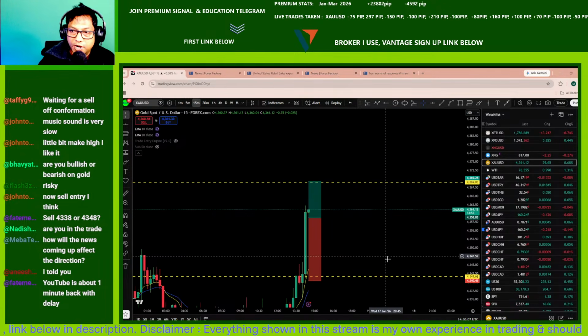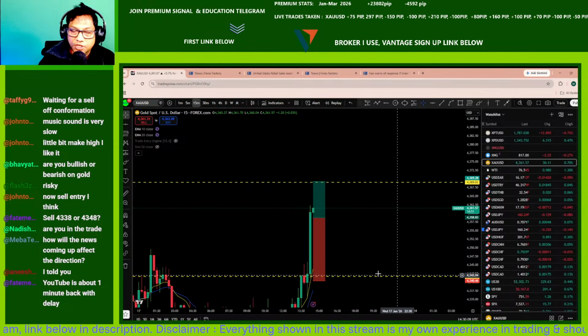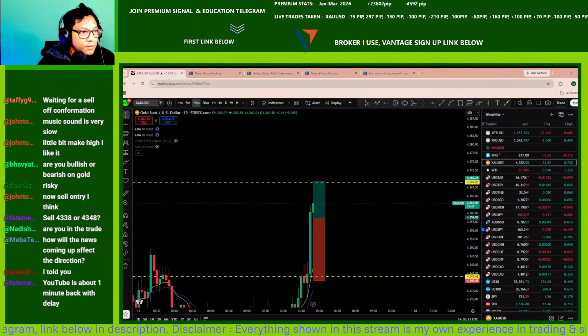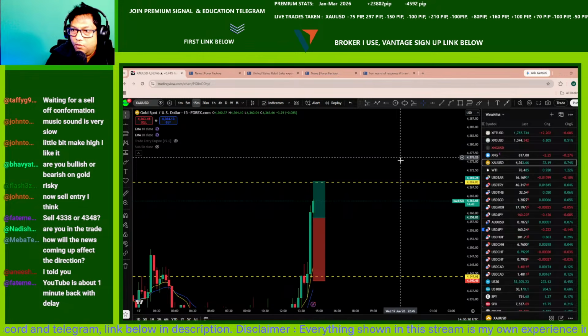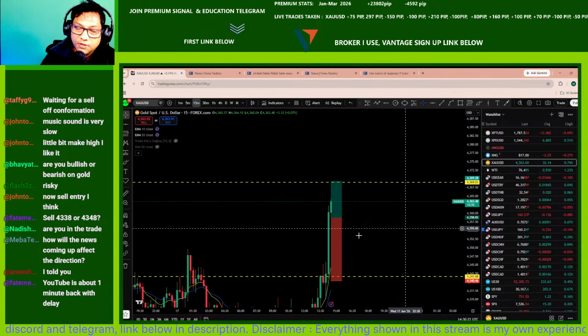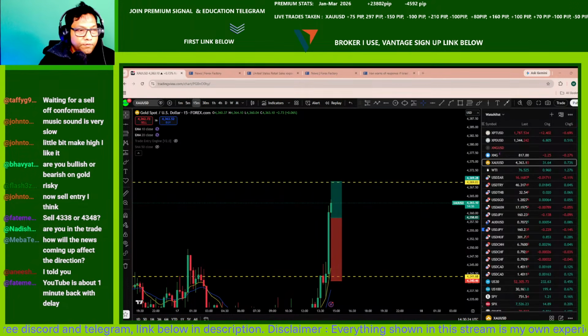It's an important price action that you could see. Now, one bounce that can give us the entire move.